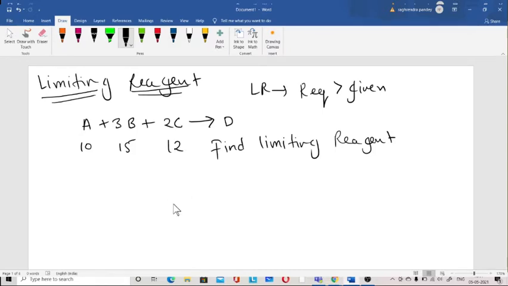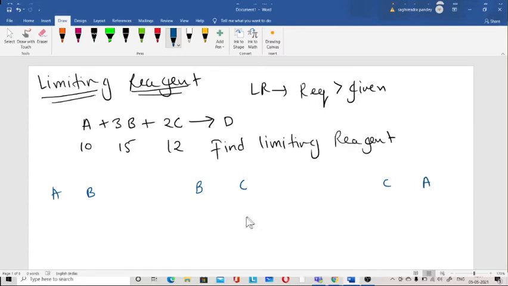Now for three reactants, or more than two reactants, we will make this comparison: A with B, what is the ratio, then B with C, and then C with A. So these are the three comparisons.